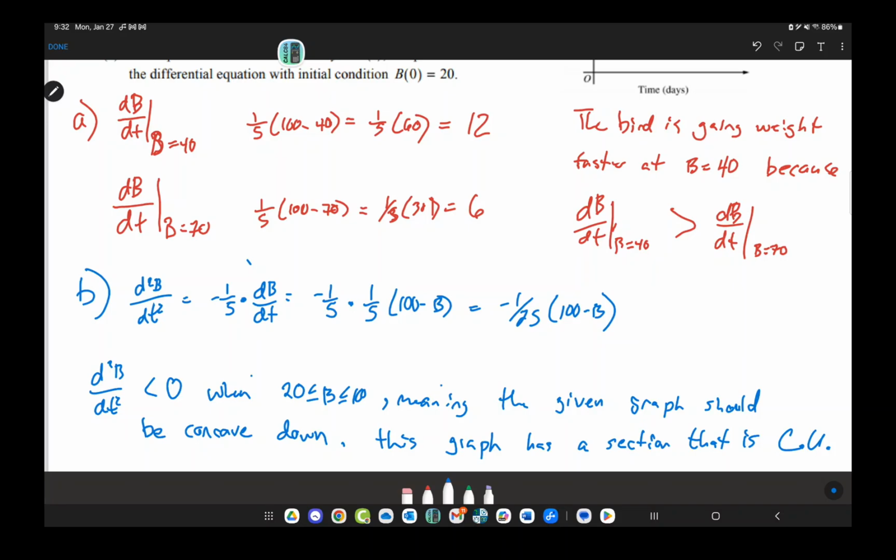It is not the function itself. d squared B over dt squared is looking for the function that describes the rate of the second derivative. So we take the derivative of my rate function, which we just did, we got -1/5, and then multiply it by the rate function, which is the function that describes the rate of the first derivative. So I multiply the two together.